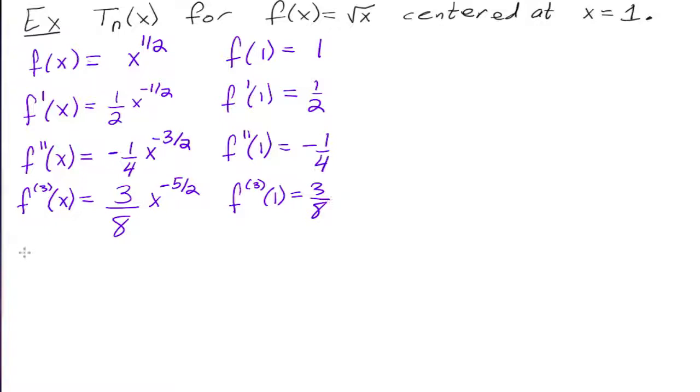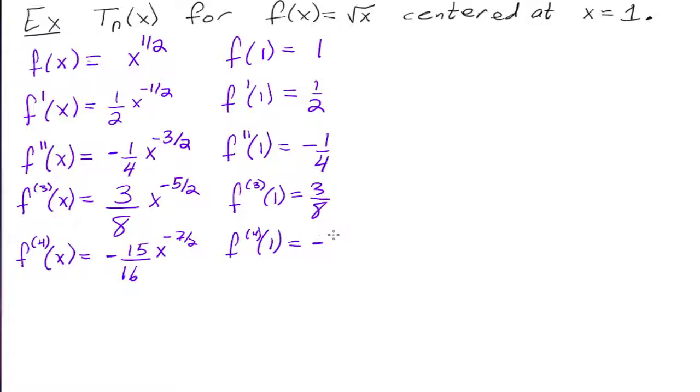Interesting. So what's the next one? Negative 15 over 16 x to the negative 7/2. So the fourth derivative at 1 is equal to negative 15 over 16.